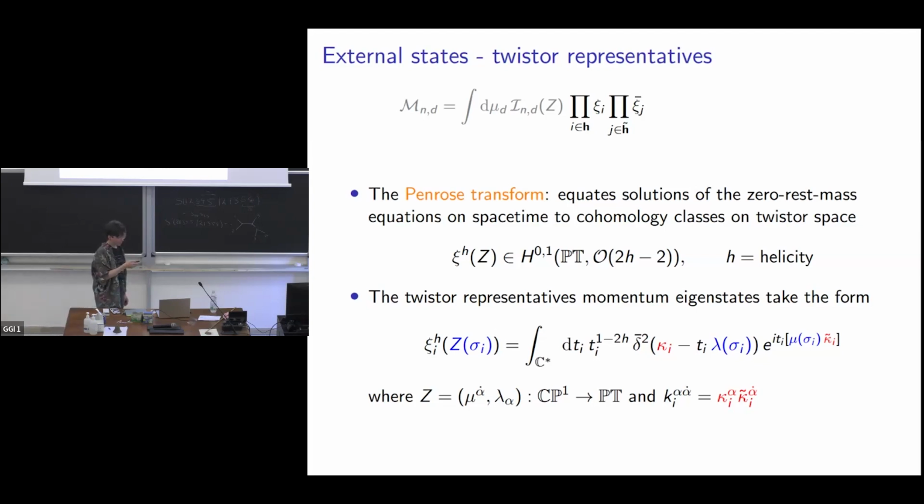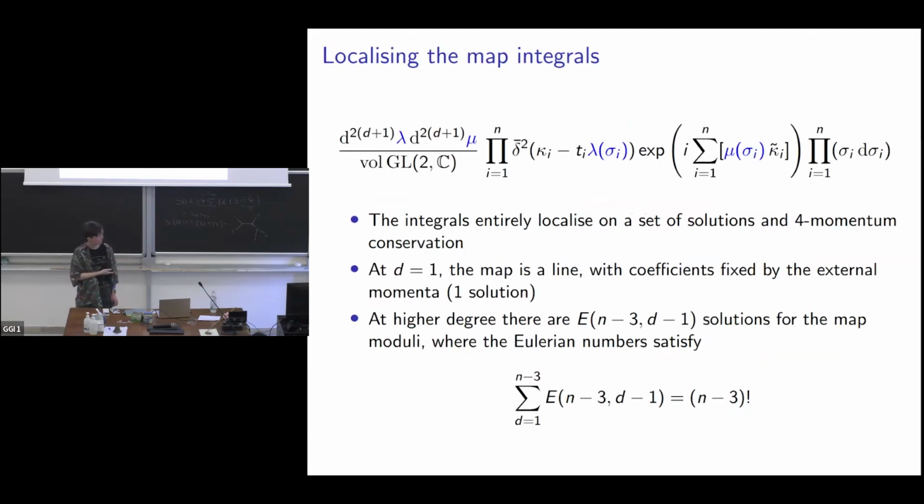Something interesting to think about is, what does this actually localize to? What does this actually integrate to? So these are just the integral over the moduli space of maps and our external kinematics. And in fact, this object forces our integral to entirely localize on a set of solutions, and then 4 delta functions which encode the 4 momentum conservation.